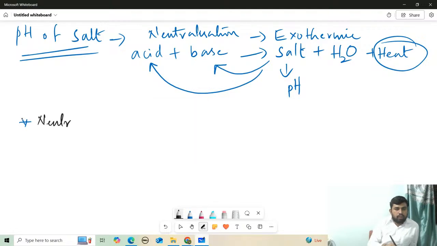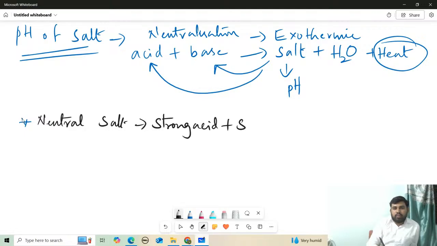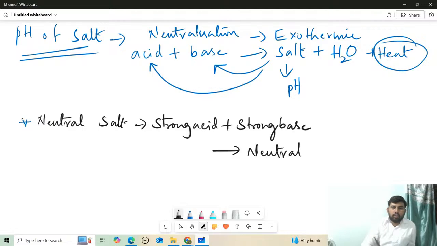When are we going to get a neutral salt? Suppose the reaction takes place between a strong acid plus a strong base, then what will it be? It will be a neutral salt, plus water.